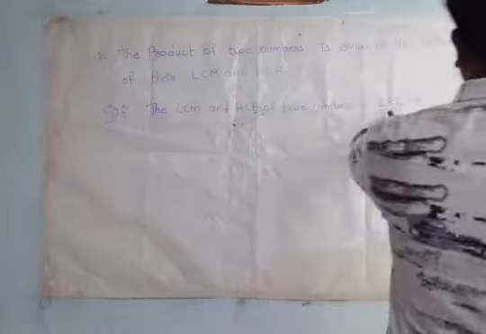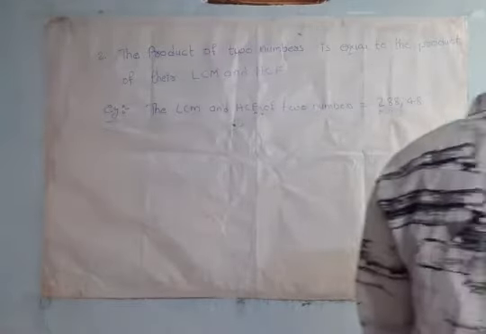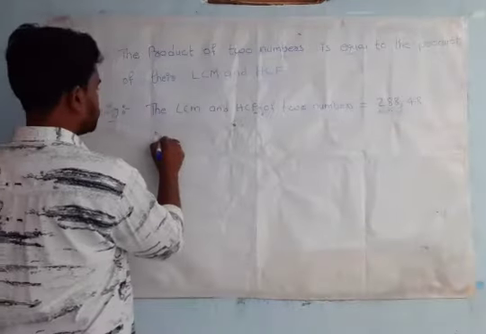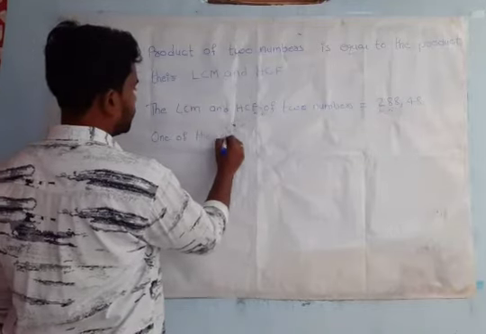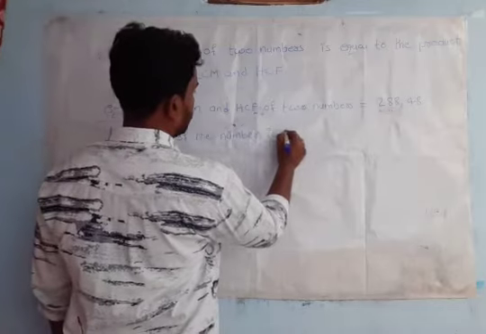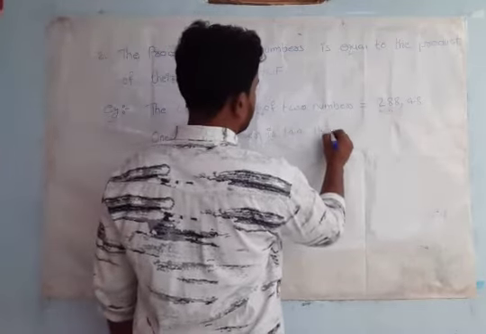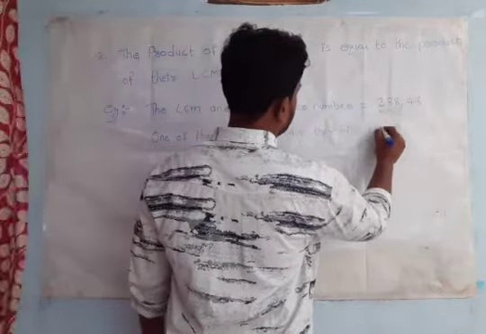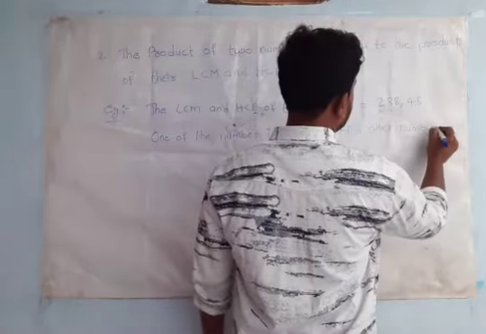That means this is the LCM and this is the HCF. One of the numbers is 144. Then find the other number. They will give it like this.